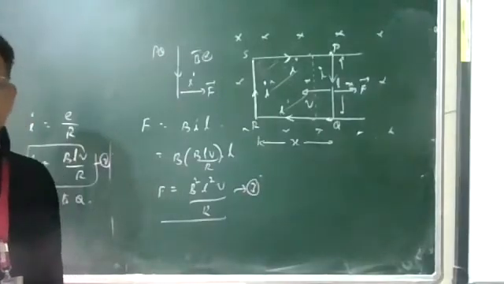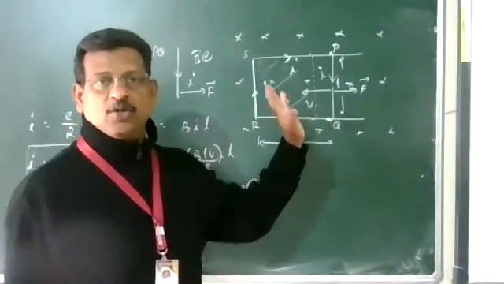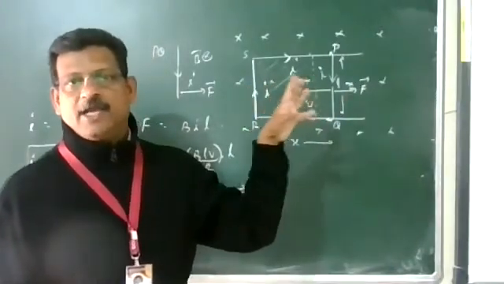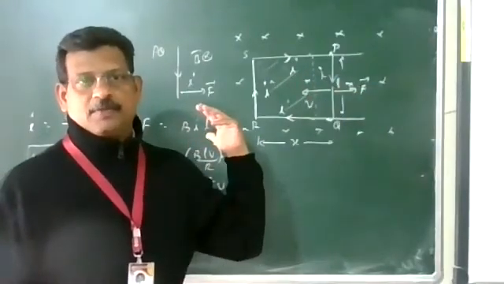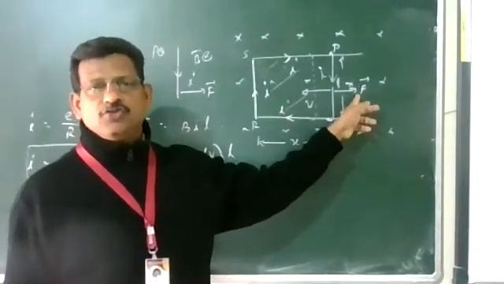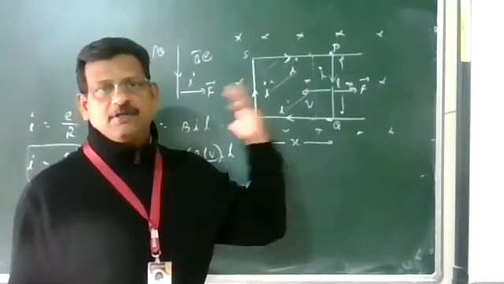Because of this force, it finds difficulty to move the conductor toward the left side. To move the conductor toward the left, you have to give some mechanical work from outside. You have to push the conductor with a force equal to the magnetic force. Then only will the conductor move towards the left side for changing the flux.